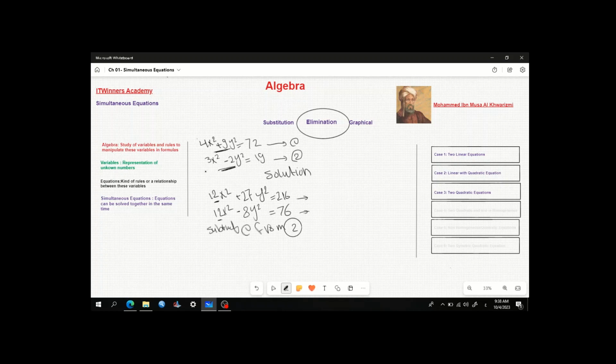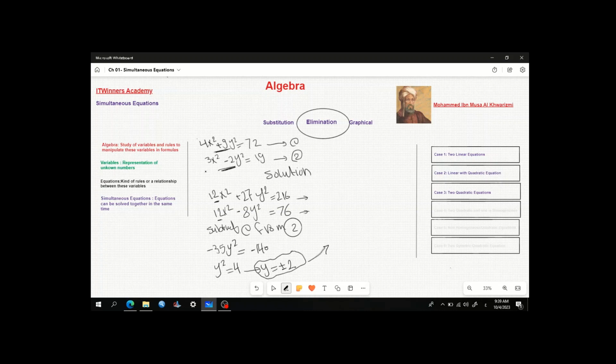Now I have minus 35y squared equal to minus 140. Now I can get y squared equal to 4. So y here equals positive or negative 2. Now I can back substitute to get x from either of these equations.